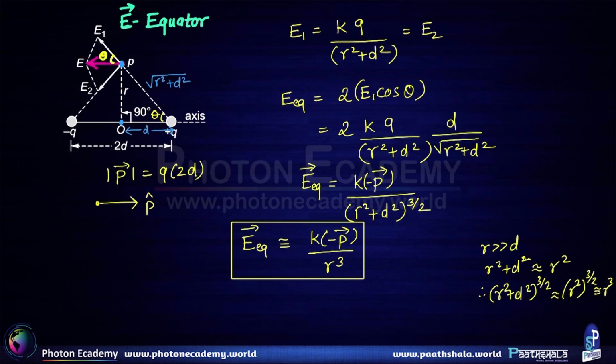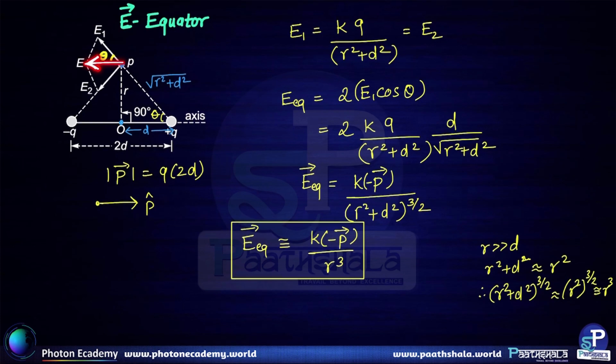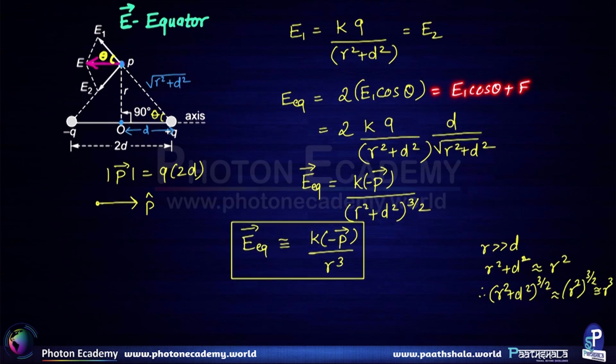Why? Because E1 cos theta will be towards the left hand side, and E2 cos theta will also add to that. E1 and E2 have the same magnitude, so E1 cos theta plus E2 cos theta will be 2 times E1 cos theta.